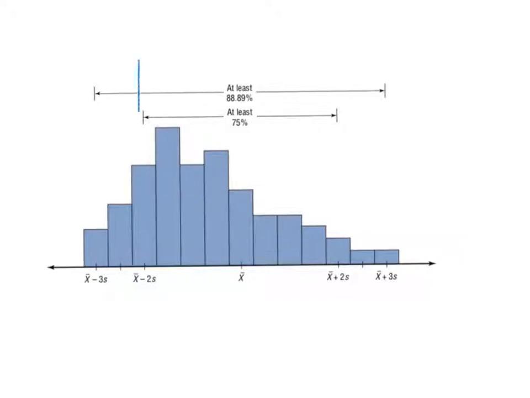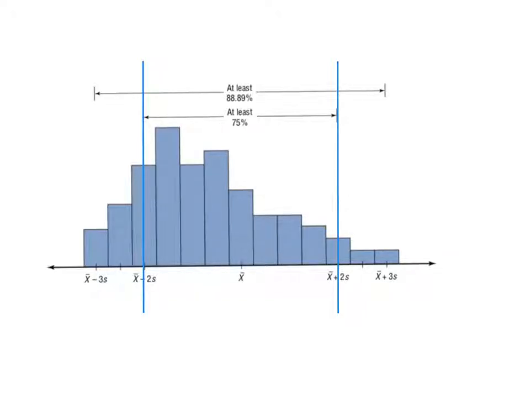This is 2 standard deviations below, that's x minus 2s, and then 2 standard deviations above. As a visual, at least 75% of all the data has to fall in there. That's what Chebyshev's theorem states.